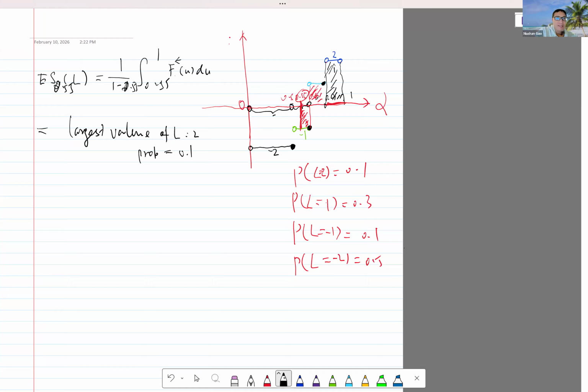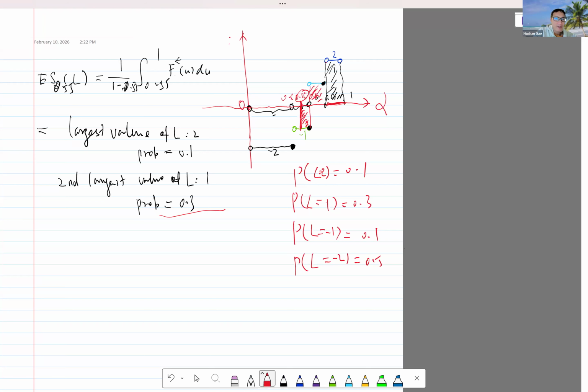Okay. So the second largest value of L is 1, right? And the probability is 0.3. In total now is 0.4, right?